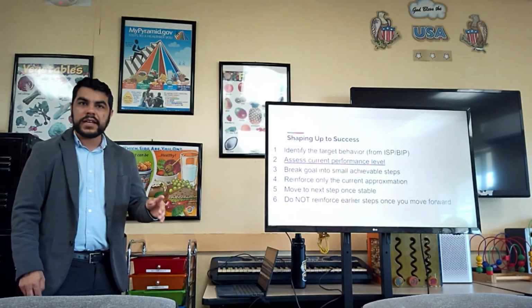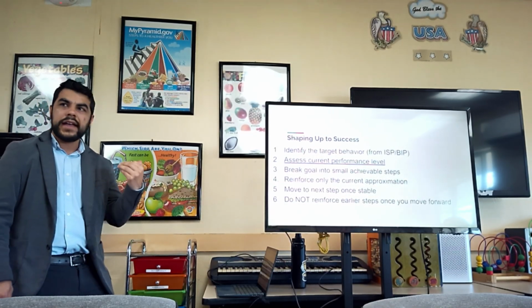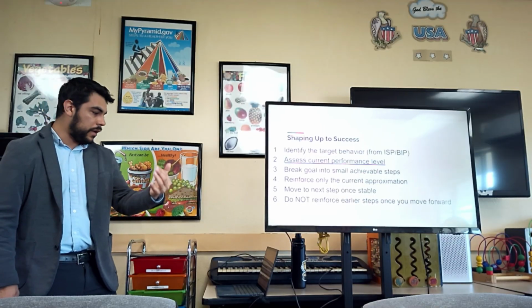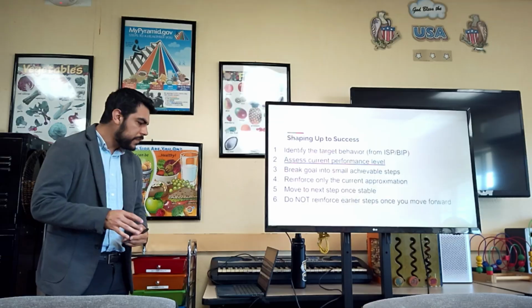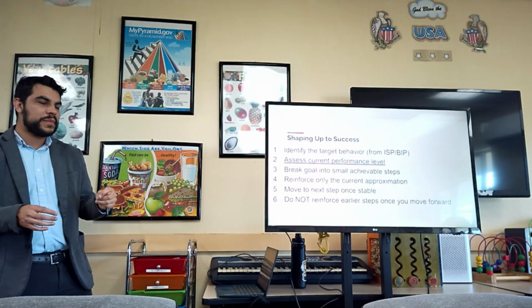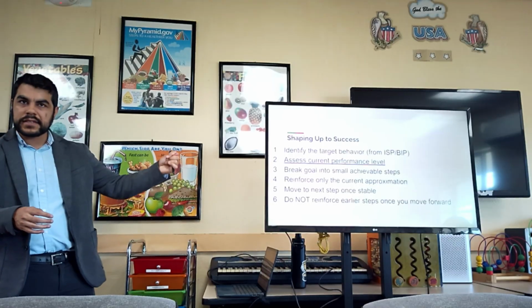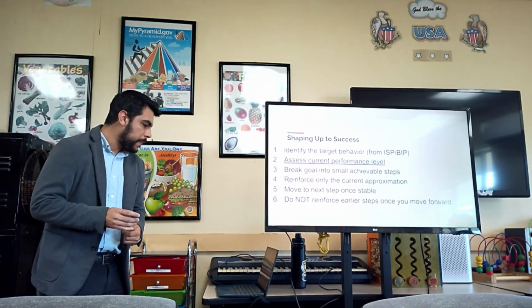And then breaking it down into smaller and smaller chunks so we know what to reinforce as they begin to acquire the behavior. And not to jump the gun too fast, allowing them to learn the proper response before moving on to the next step.